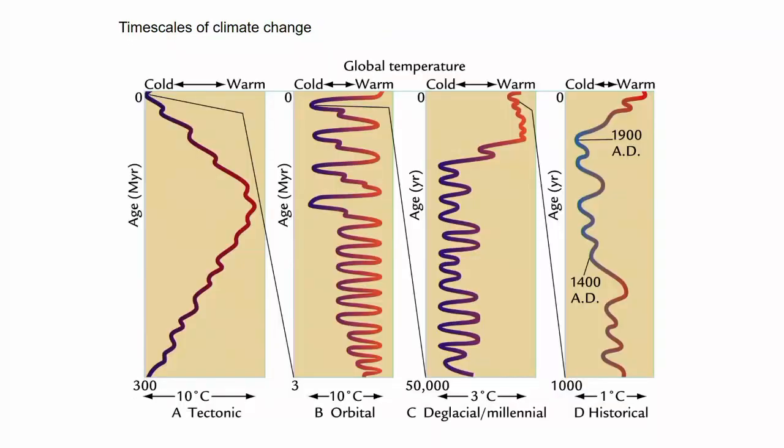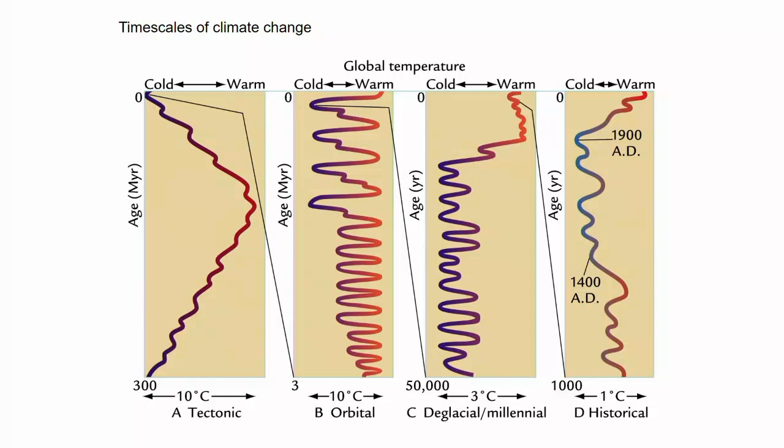So what we're going to be doing for the rest of the course, that is part 2, although it says part 3, but it's part 2, is looking at periods of change in the Earth system that have happened on different timescales.